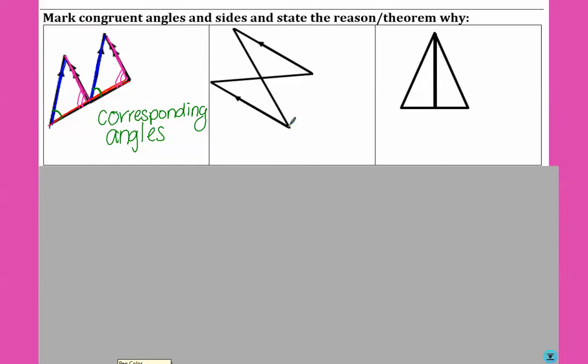In our second set of triangles, we have this parallel line with this line, and they have this transversal that touches both of them. From that, we can determine that this angle and this angle are congruent because they are alternate interior angles.